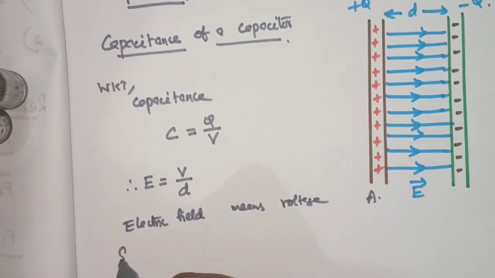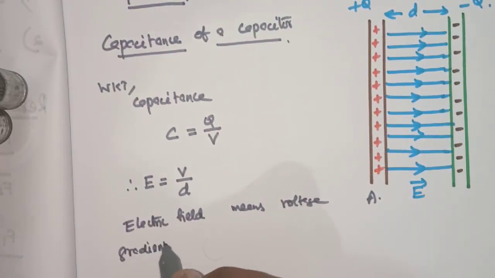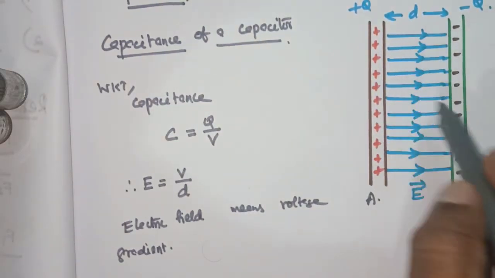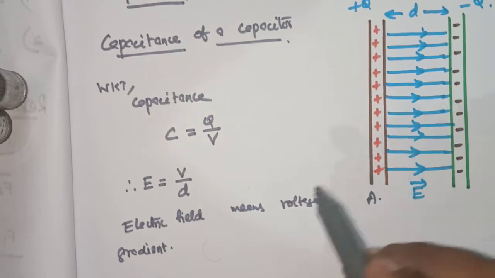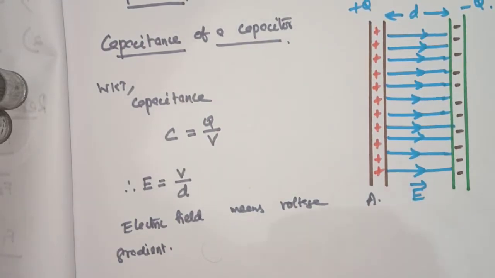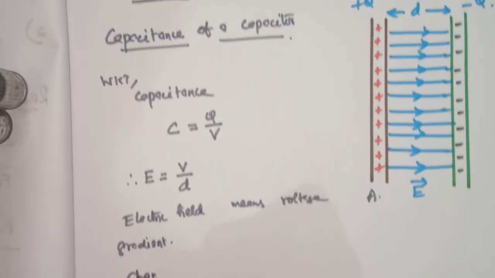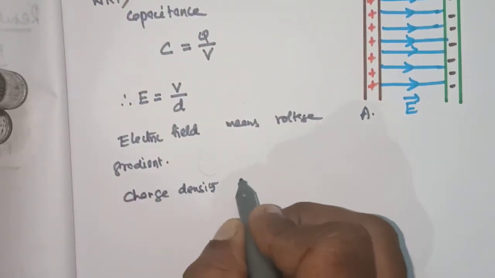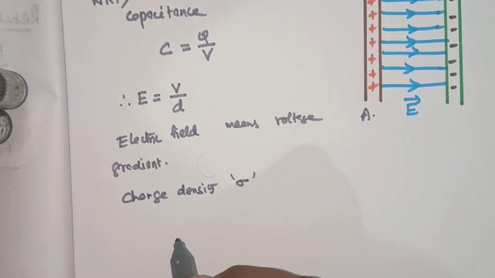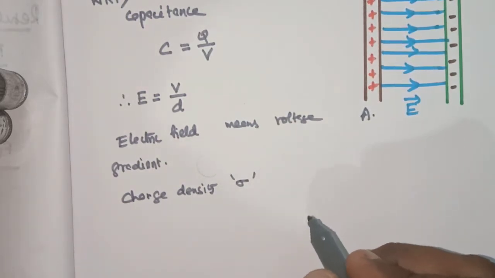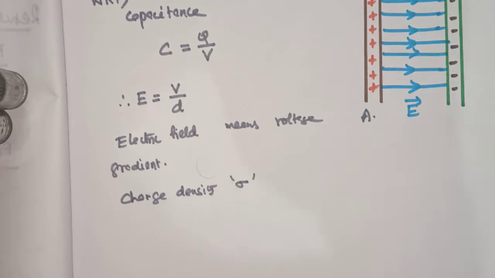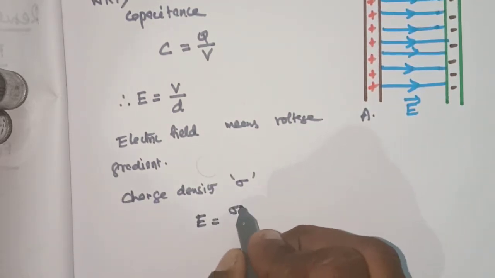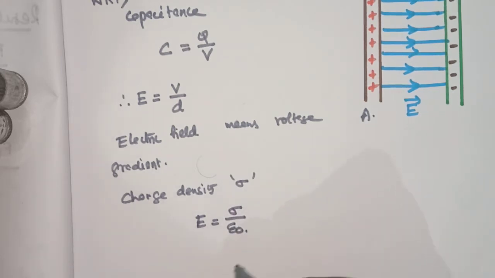We already know that. If the charge density is sigma, what is the electric field created? We already derived the equation, E equals sigma by epsilon naught.